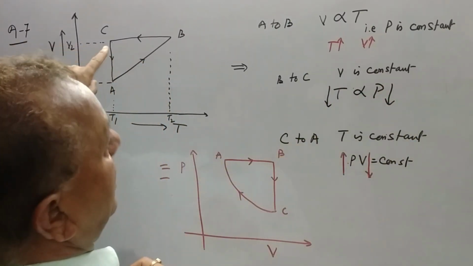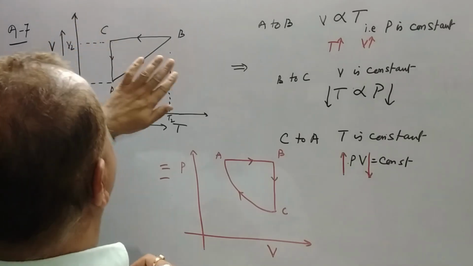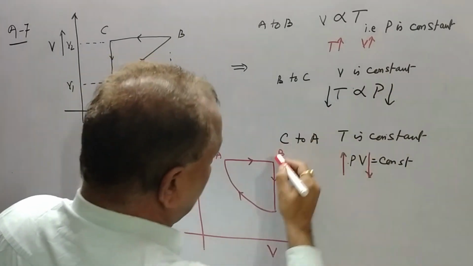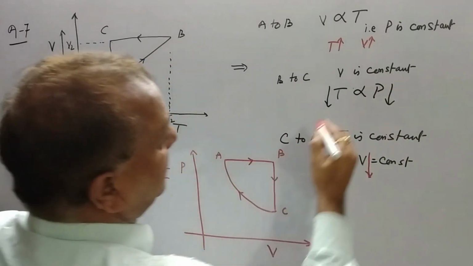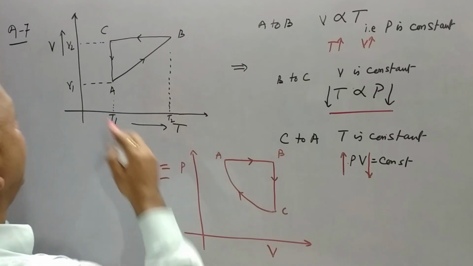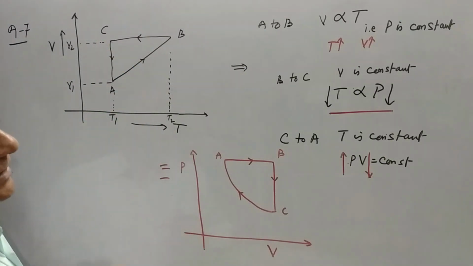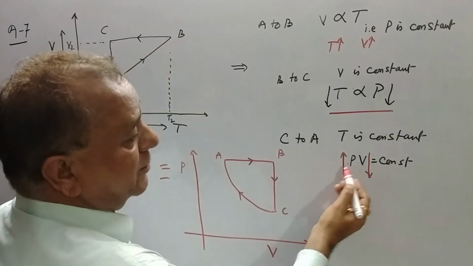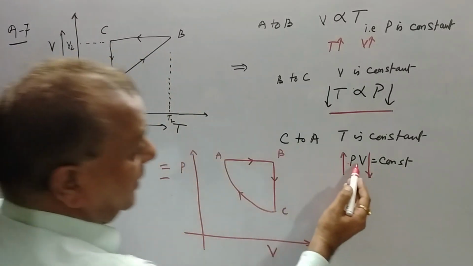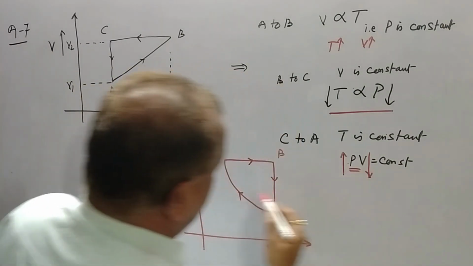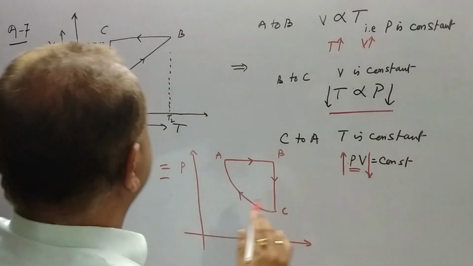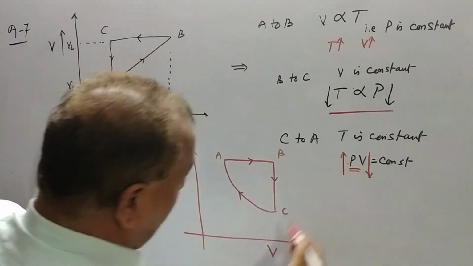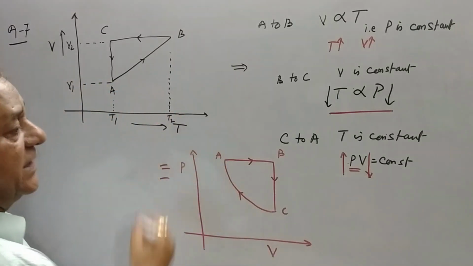But since temperature is decreasing from T2 to T1, pressure should decrease from B to C. And from C to A, temperature is constant, therefore PV is equal to nRT, PV is equal to constant. So it should be a hyperbola from C to A in such a way that pressure increases and volume decreases.